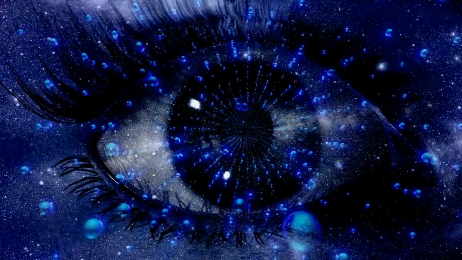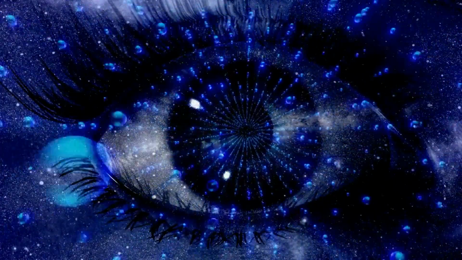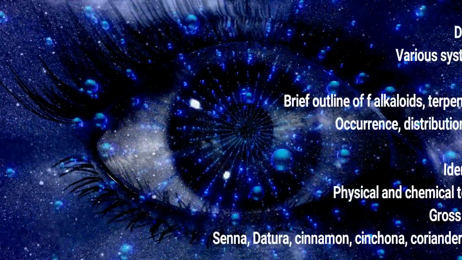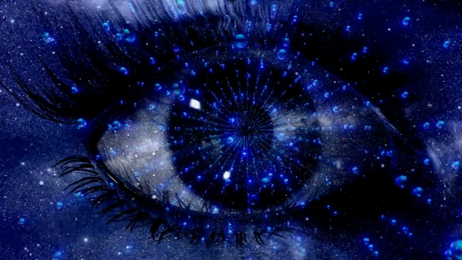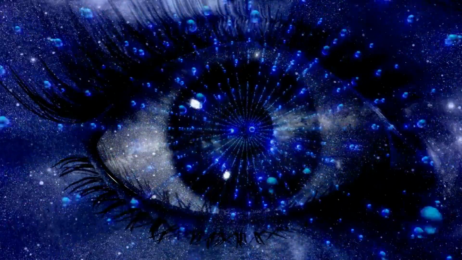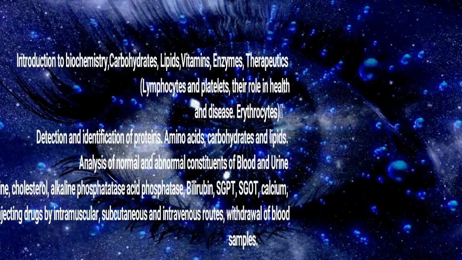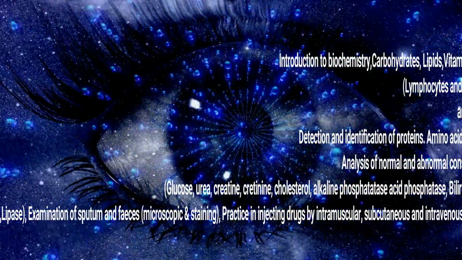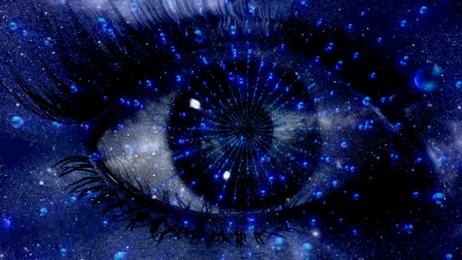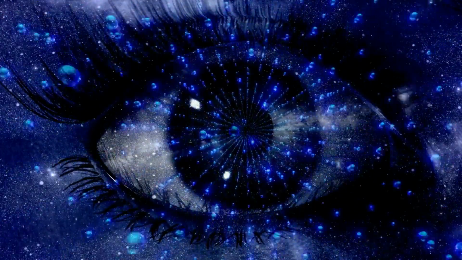In biochemistry and clinical pathology, you will be dealing with carbohydrates, lipids, vitamins, and enzymes, and also therapeutics and their role in ailments. In human anatomy and physiology, you need to learn about elementary tissues, skeletal system, cardiovascular system, respiratory system, muscular system, nervous system, and everything.